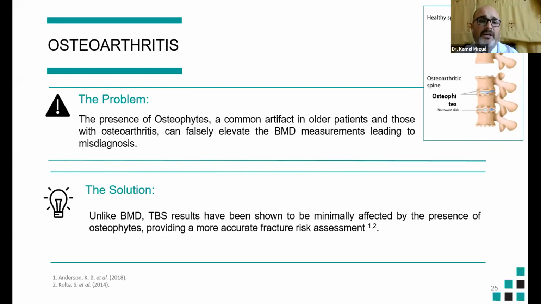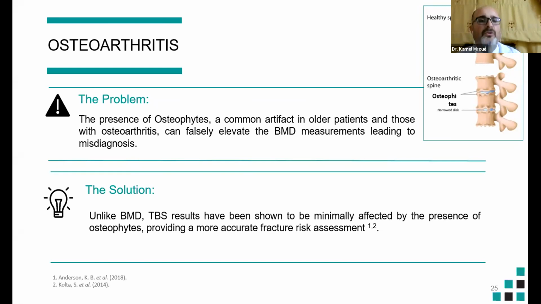But this is not the issue with trabecular bone, probably because of the pathology or the exact findings within the osteophytes. Probably the osteophytes are much less spongy, much less trabecular bone than the actual trabecular bone found in the lumbar spine.